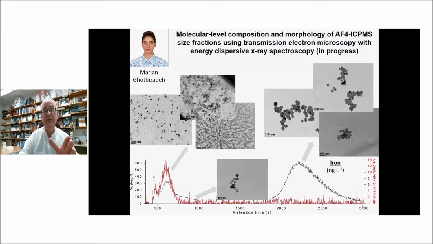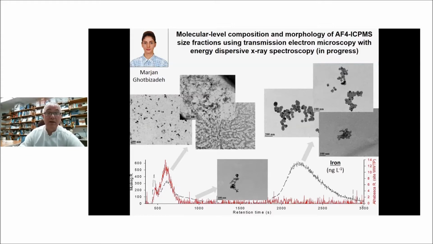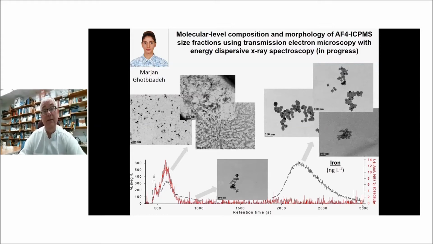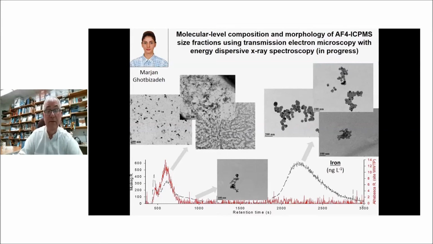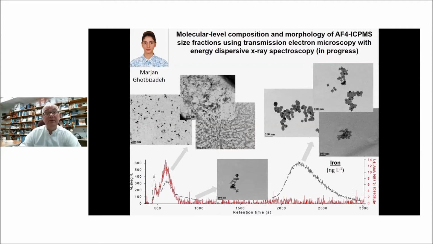You can see on the right-hand side the scale bar, 100 nanometers. These are particles of iron hydroxide that Mother Nature is adding to the river. When the tributary streams come into the river, they're bringing in a lot of dissolved iron, and that dissolved iron is actually in the form of nanoparticles. And this work is funded by NSERC.